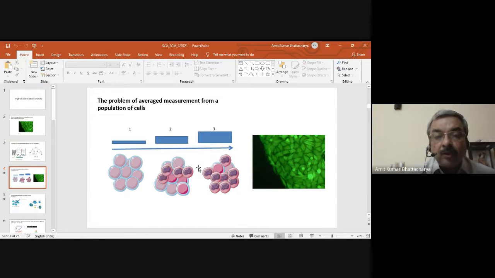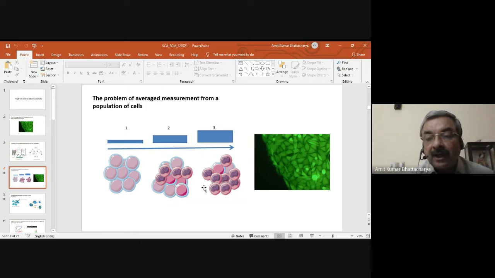But you are looking at the total protein by, let's say, a Western blot, and when you're looking at the total population of cells, you are only able to pick up one value of the protein amount, which is the averaged value present in the entire population of cells.